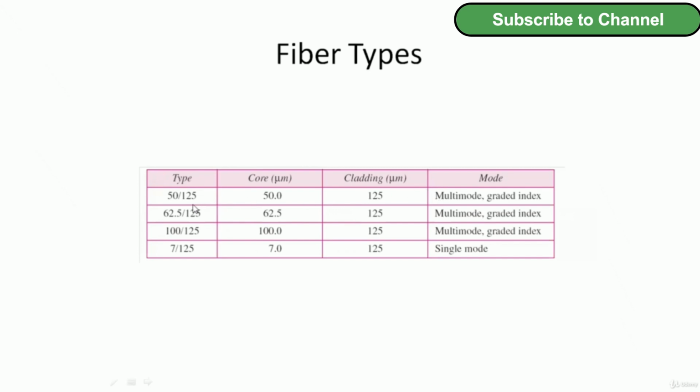So 50/125, the 50 micrometer core is there, then 125 cladding, and it is multi-mode graded index. Like this, it is 62.5/125, 62.5 core, 125 cladding, multi-mode graded index. So like this, 100/125, 7/125. These are the core diameter and cladding diameter, or we can say size. And these are multi-mode graded index. And the last one is the single mode. These are the fiber types.